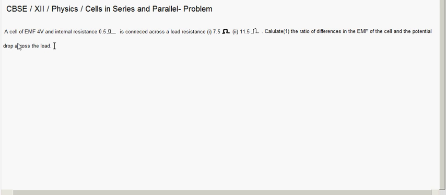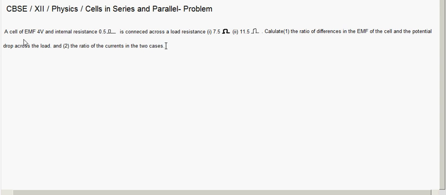And the second one, the ratio of the currents in the two cases.